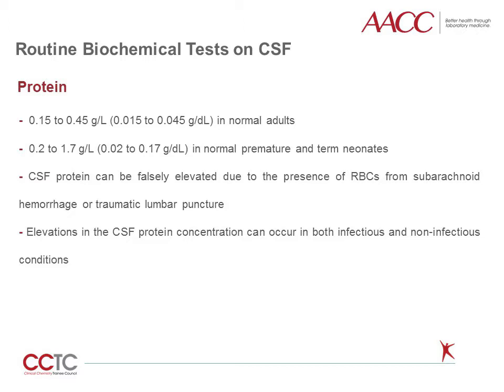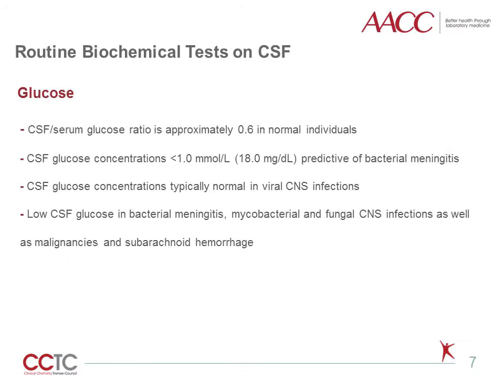Elevated protein levels may aid in diagnosis of inflammatory conditions such as Guillain-Barré syndrome, where concentrations over 1 gram per liter are often seen. The glucose concentration in CSF is maintained by both facilitated transport and simple diffusion.